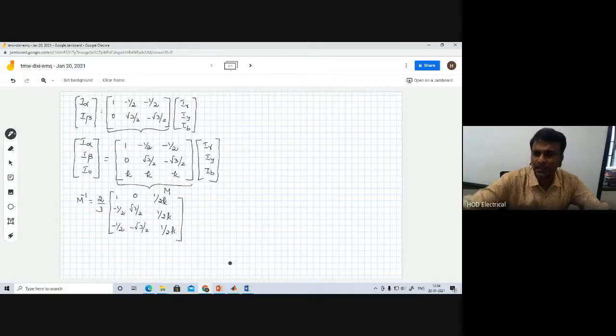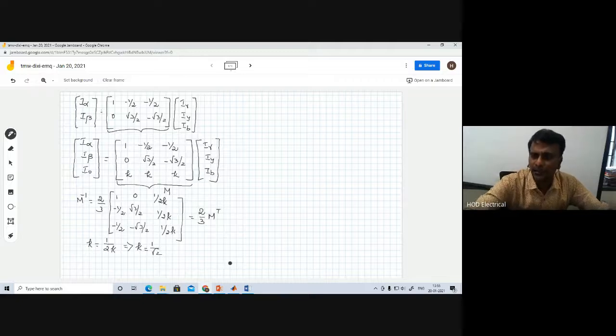If you analyze this, the first two columns are the same as the first two rows here, but only the third row is different. So it is assumed as 2 by 3 into M transpose. All the row components are written in columns, only the last row is changing: instead of k, here it is 1 by 2k. But if you want M inverse to equal 2 by 3 M transpose, we have to write k is equal to 1 by 2k, which gives k as 1 by root 2.